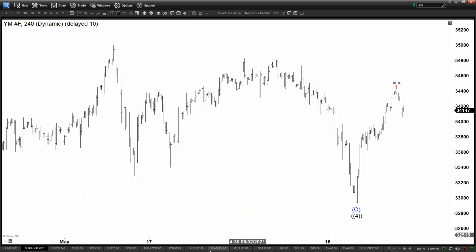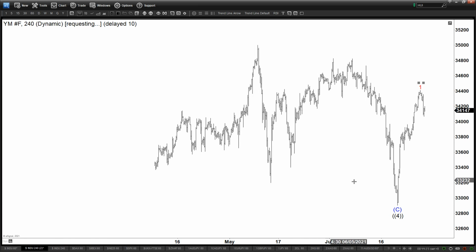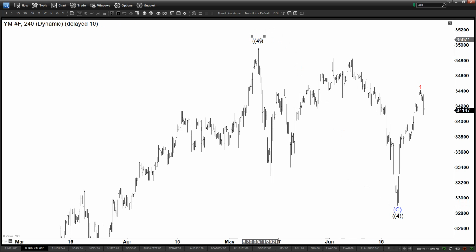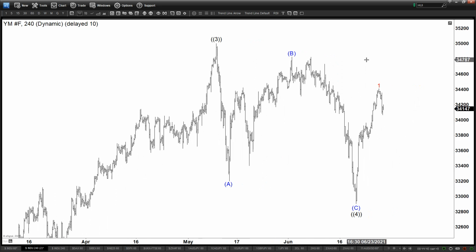From this 4-hour chart, we can conclude this has to be our 3 here, and this has to be our ABC here. So that means we are now within the wave 5, and if it is correct, then again it should continue to go up in 5 waves to break above this eventually, right?